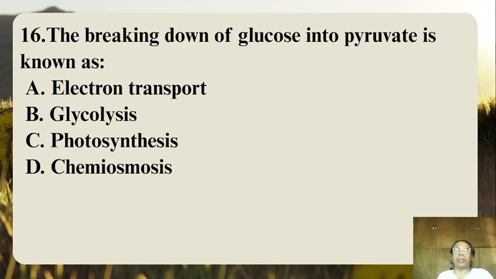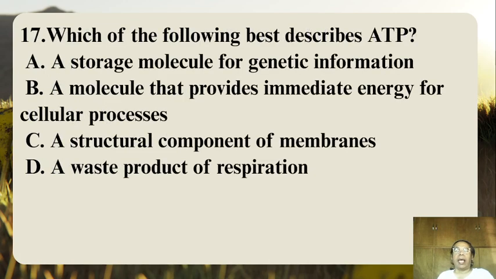MCQ number 16. The breaking down of glucose into pyruvate is known as A. Electron transport, B. Glycolysis, C. Photosynthesis, or D. Chemiosmosis. MCQ number 17.